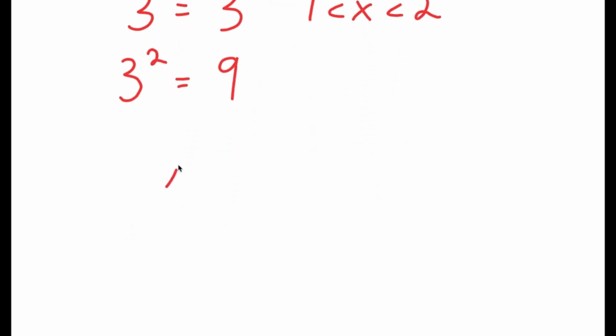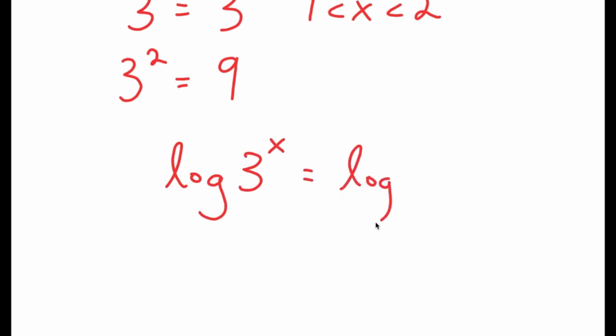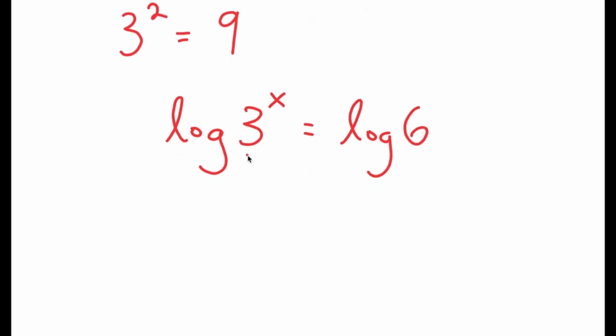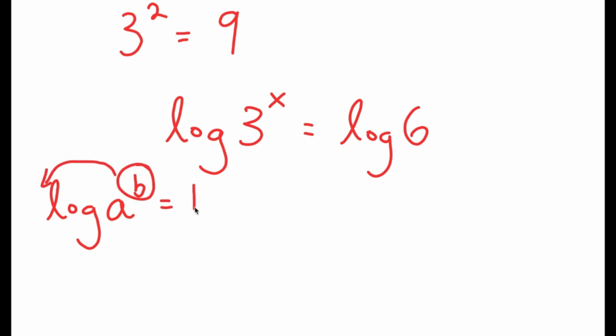Well, I'm going to first start by taking the log on both sides. So I get log 3 to the power of x is equal to log 6. From here, if I have something in the form log a to the power of b, I can move this exponent b to the front. So this turns into b times log a. So I have log 3 to the power of x, and I can move x to the front.